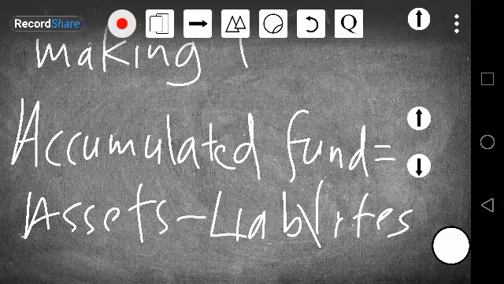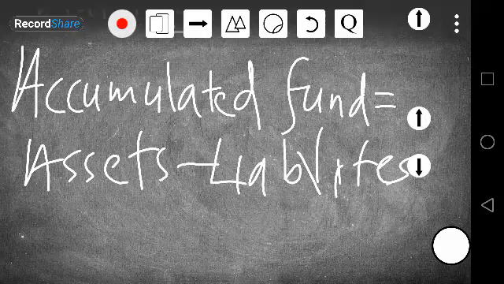Okay, now we want to look at an example whereby we draw up an income and expenditure account. So the question was, the treasurer of Long Lane Football Club has prepared a receipt and payment account, but members have complained about the inadequacy of such an account.